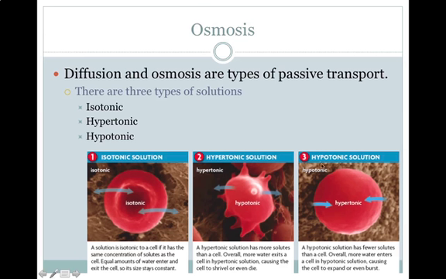So in the hypotonic solution, the water is more highly concentrated out here. So it flows from high to low concentration. In the hypertonic solution, out here there's less water. There's more water inside the cell, and so the water moves from high concentration to low concentration, causing the cell to shrivel.